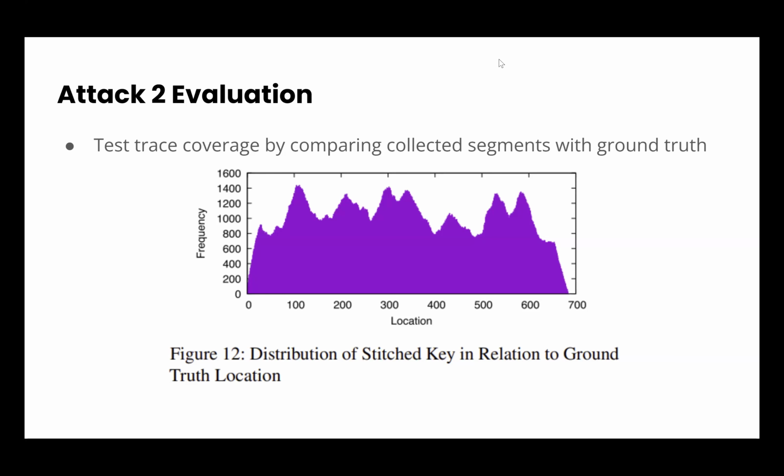They then took the remaining traces and compared those against the ground truth. This chart represents the frequency of ones that closely match the ground truth, so you can see that they have pretty good coverage spread over all the different locations.